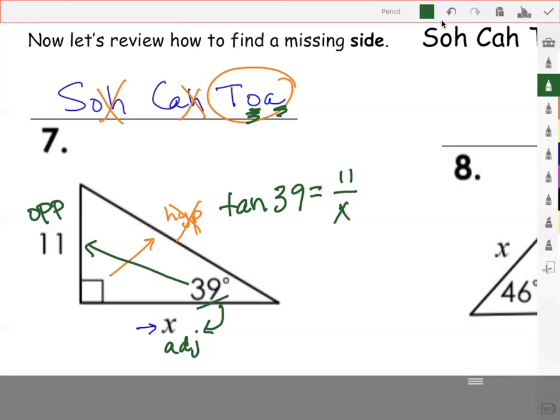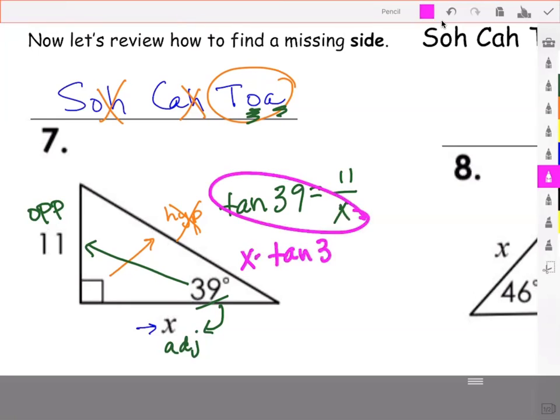Okay, if you remember, since X is on the bottom, are you going to multiply or divide these? Does anybody remember from yesterday? Divide. Divide, good. So when I cross multiply here, I get X times the tangent of 39 equals 11. And then I'll divide both sides by the tangent.